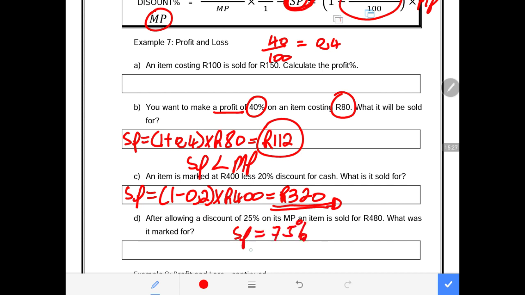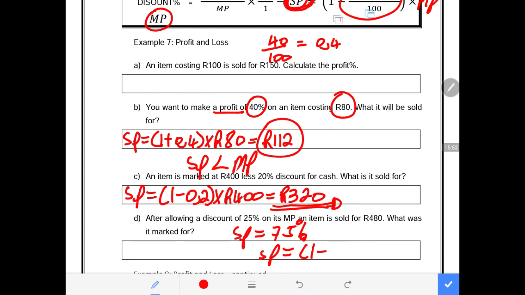Remember, we would have said selling price is equal to 1 minus discount percentage, with a discount percentage of 25%. So 1 minus 0.25 gives us 0.75, which is 75%. That is where that 75% emanates from.